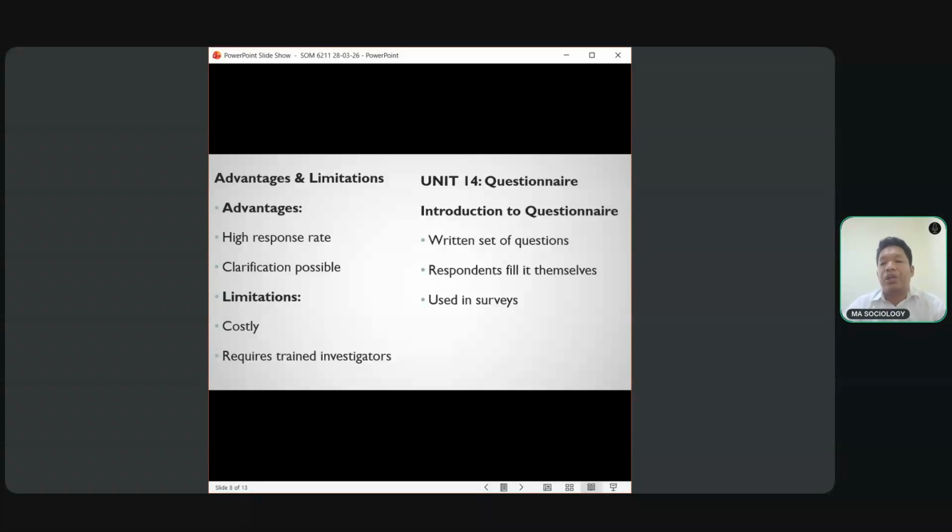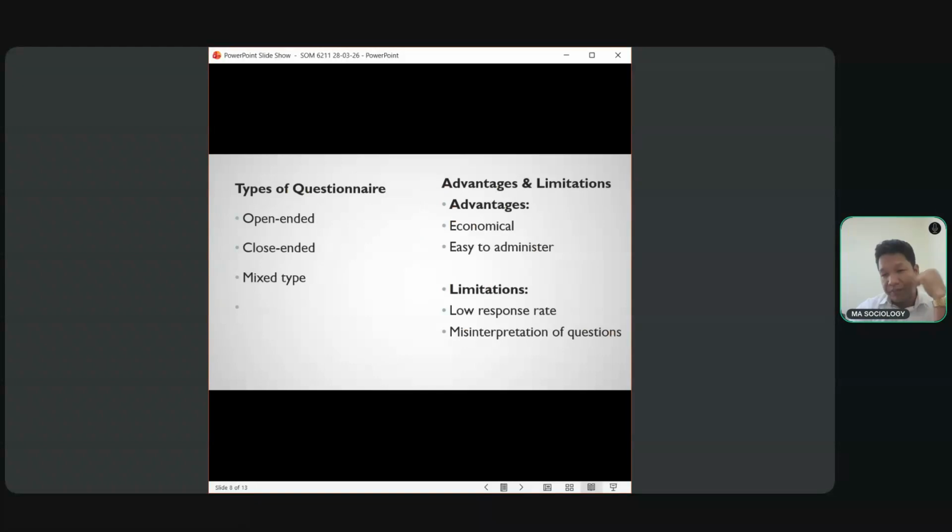Questionnaires are set to understand any social problems or any kinds of social issues of a researcher. So they set questions that respondents need to fill up. When they fill up, it is analyzed through the analytical tools used for the questionnaires. Okay, so the set of questions is already given to the respondent to understand any social phenomena.